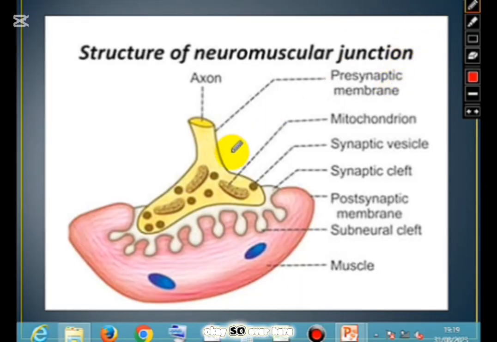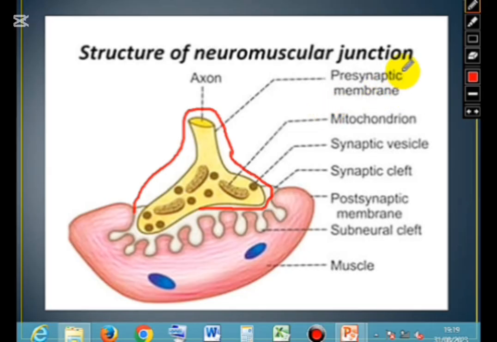Okay? So over here, the whole of this yellow structure is the presynaptic body.